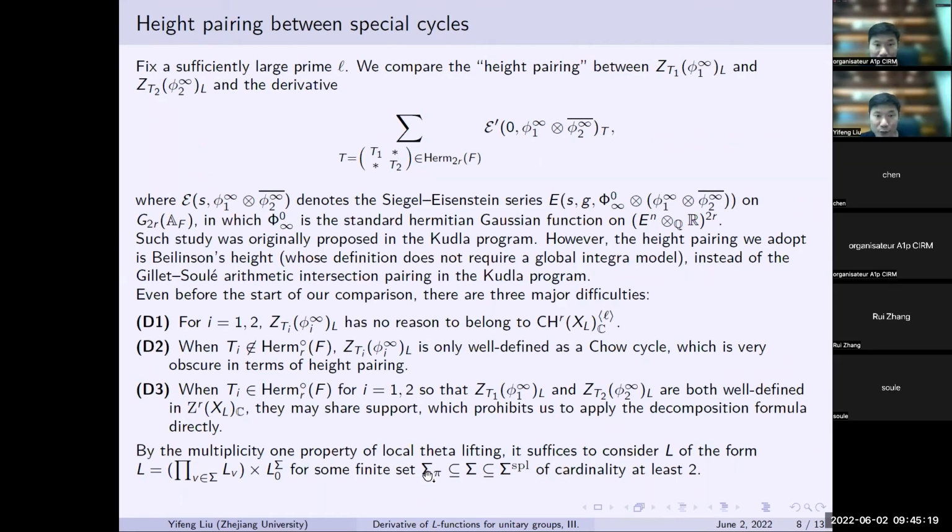Recall that Σ_π is the subset of Σ_split where π is ramified. So we only consider L that is good away from a fixed Σ of this form.